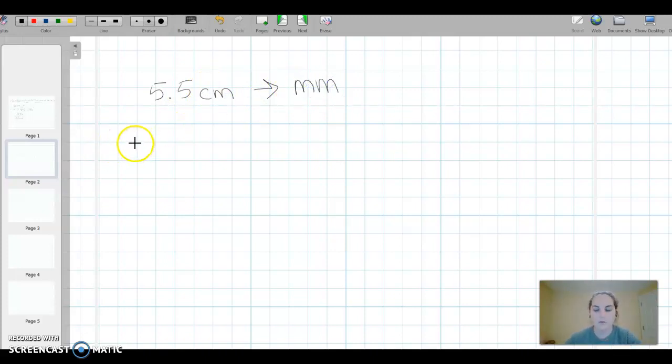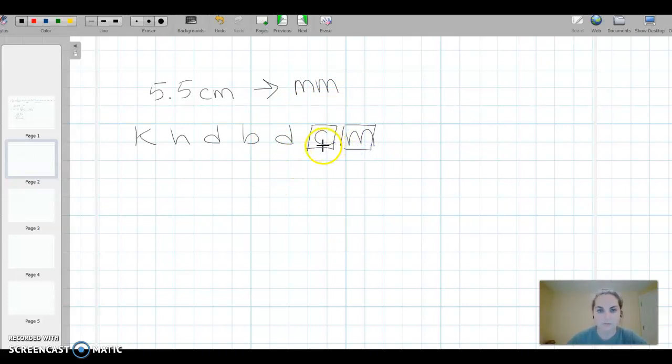Again, we start the same way with our little jingle. King Henry died by drinking chocolate milk. And we have to recognize our starting point. We are starting at centimeters, so let's put a little box around centimeters. And we want to get to millimeters, and that is actually right here.